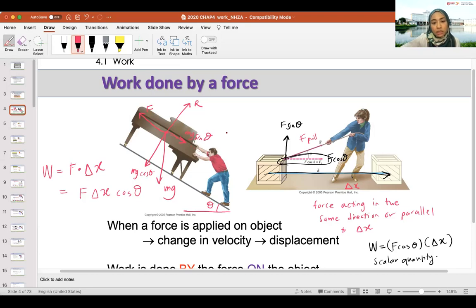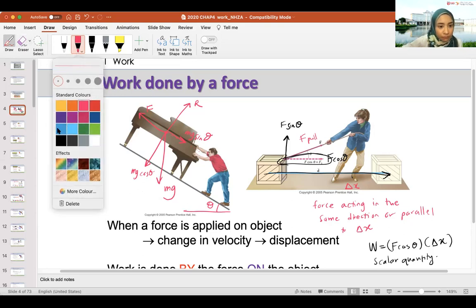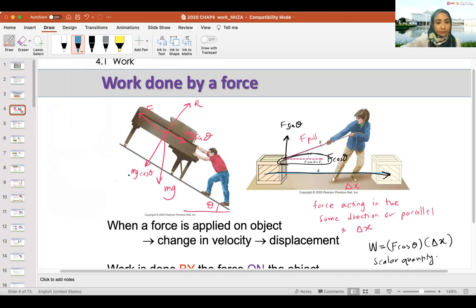Okay, so my question is, which force is acting in the same direction as displacement? Ataupun which force is acting parallel to displacement in this case? Which force? Ada nak jawab tak? F. Okay, ada lagi tak selain F? mg sin theta.